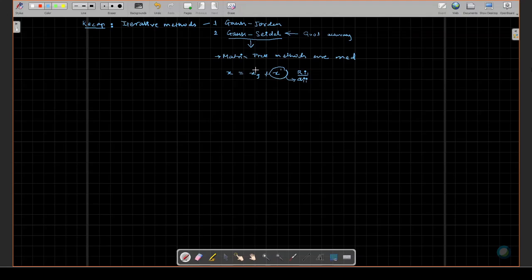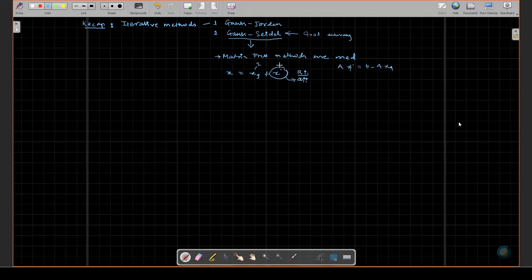Suppose the guess solution is 2, and finally when you solve this equation, A x prime is equals to b minus A xg, you will get x prime.